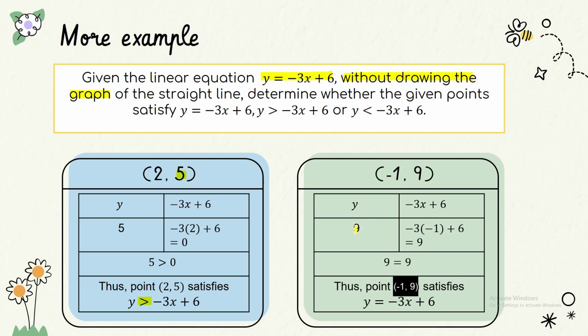This is the y coordinate, which is 9, and then the x coordinate, which is negative 1, we insert into this equation, then we solve it, then we get 9. Okay, 9 is equal to 9, thus negative 1, 9 satisfies y equal to negative 3x plus 6.